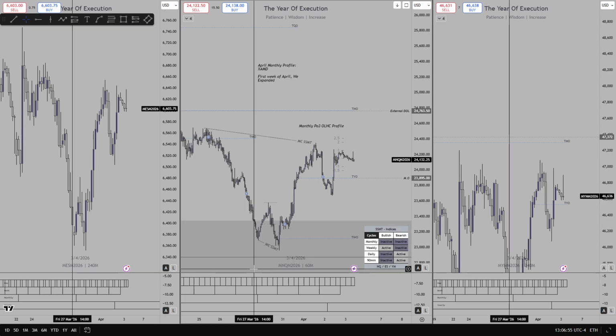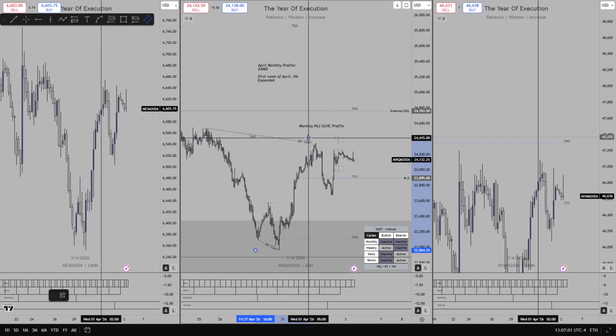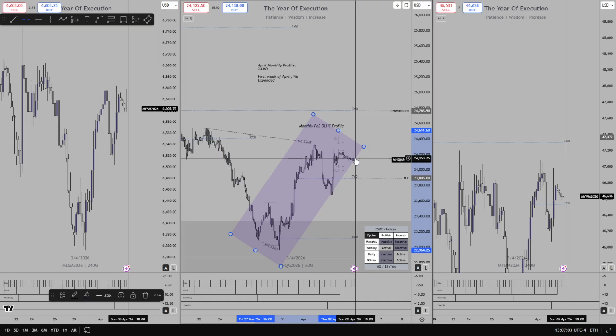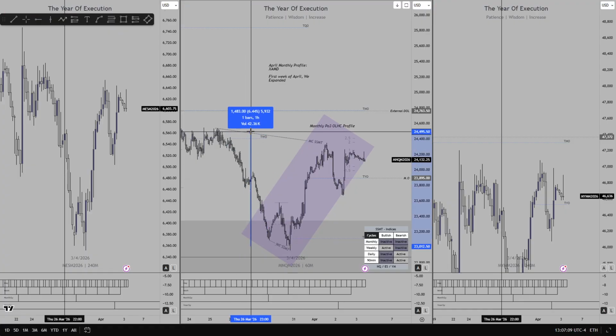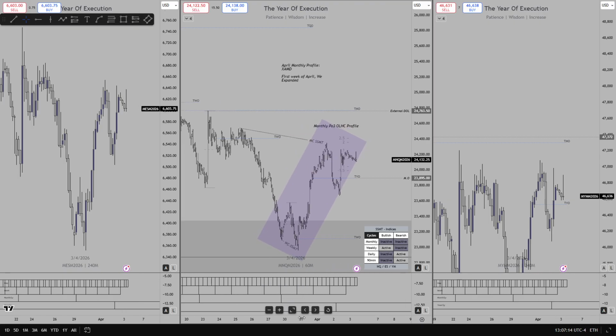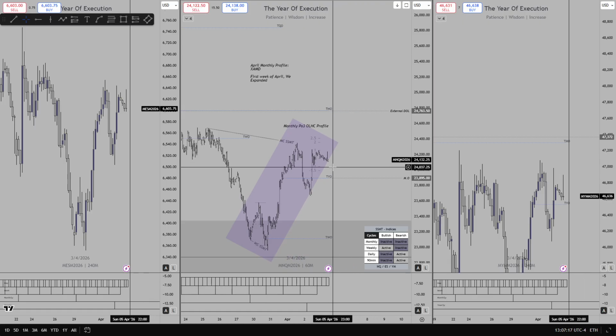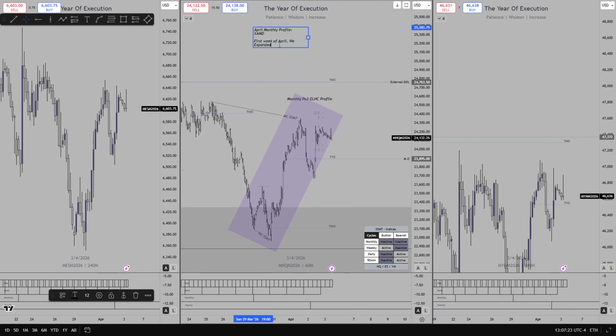As you can see right here, let me just draw it out, we expanded this week by 1,000 points. We expanded the whole week by 1,000 points. So most likely we're going to accumulate this next week, so second week of April, most likely accumulation.